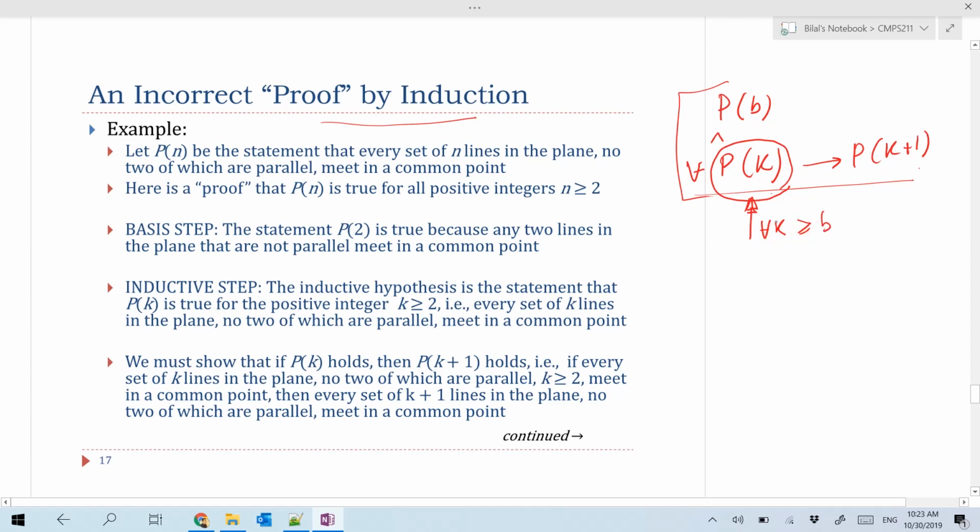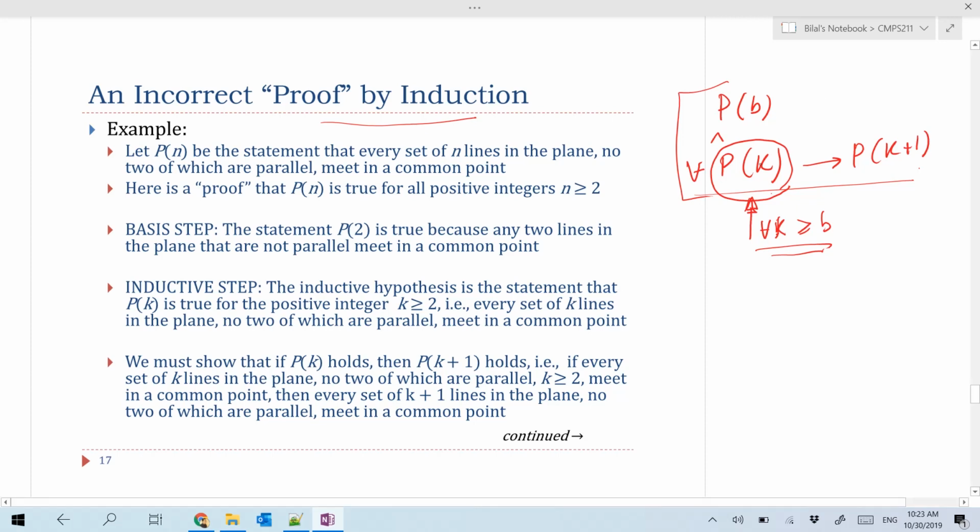Okay, so the problem is that we are assuming this for every k, and maybe the nature of the problem or of the property makes it not true for a specific value that is greater than b. Maybe it's not true for all the multiples of 5, let's say, or the multiples of 10, for a certain reason. So it might be true for every k except certain cases.